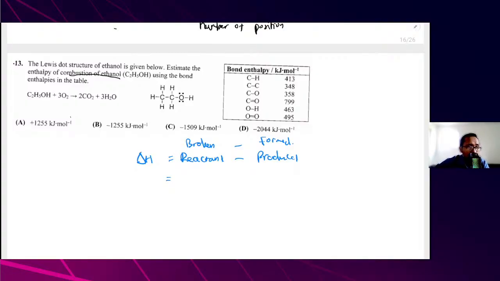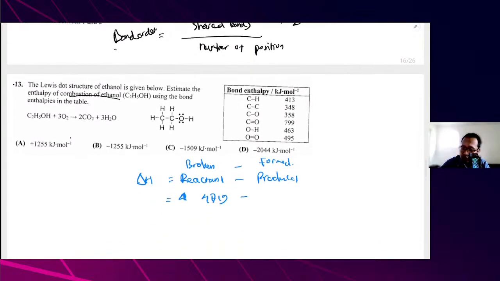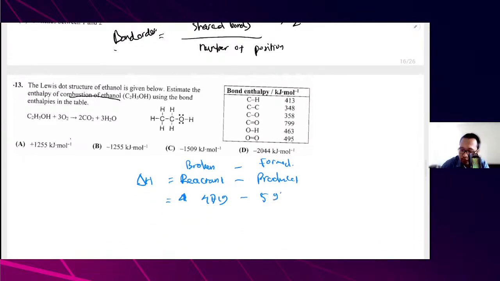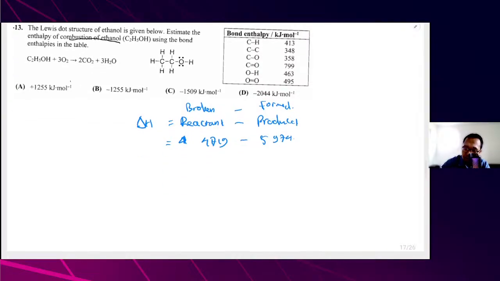After plugging all of them in, we end up with 4,719 kilojoules for broken bonds. And for the product, guys, it will be 5974. And then delta H will be minus 1255. So the answer will be B.